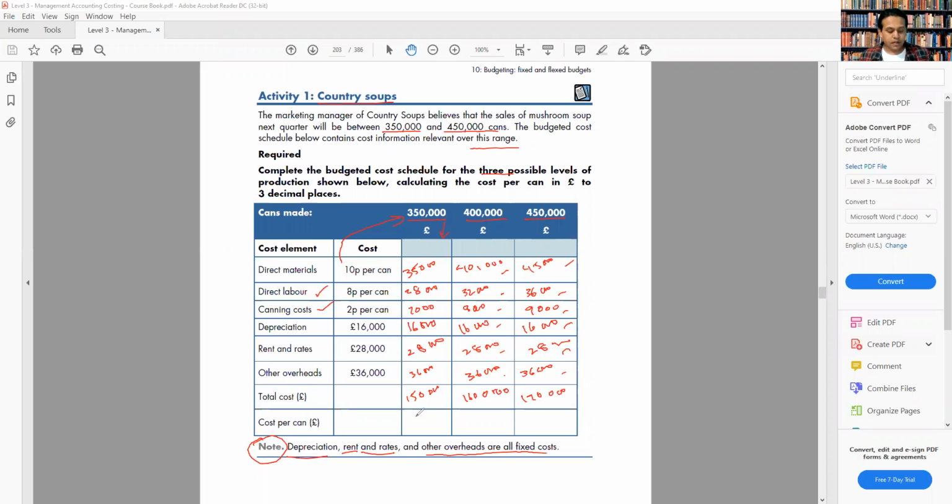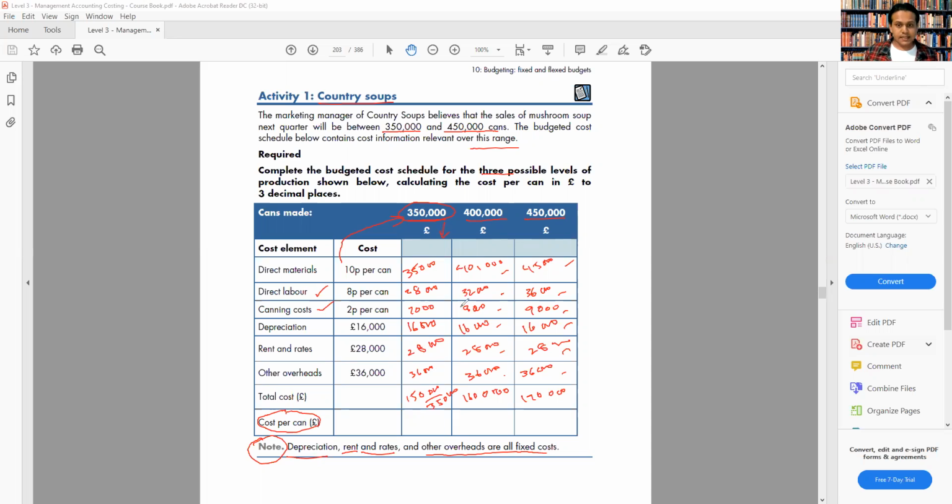All right. The final question is cost per can. So we have the total cost and we have the total units. If we divide 150,000 by 350,000, that gives us the cost per can, isn't it? Because if the total cost is 150 and the total cans are 350,000, dividing will give me the cost per can.